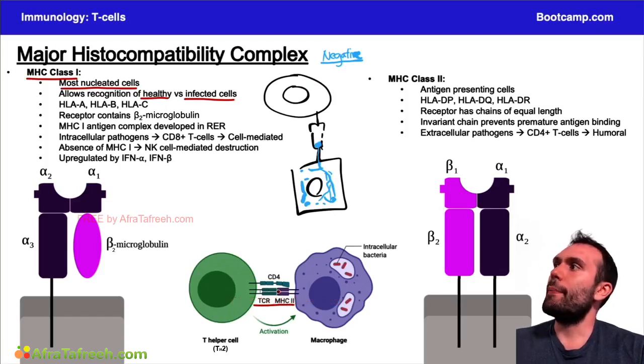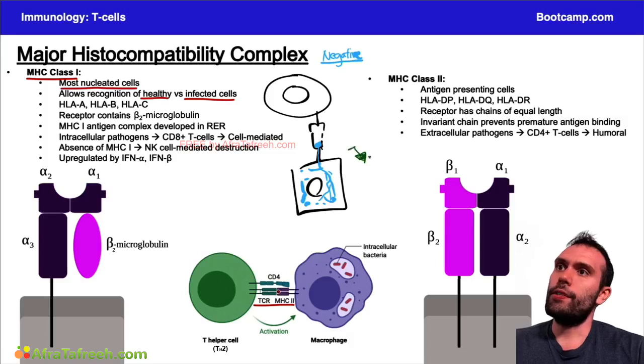Now, let's see what happens, though, if I had a virus come around. So here's some virus, and this virus then gets into this cell. It's going to hijack the cell's machinery so it can make more viral proteins. Well, the cell will take some of these proteins, like we just talked about, bring them into the rough endoplasmic reticulum, break them down, and then transport them to the surface of the cell.